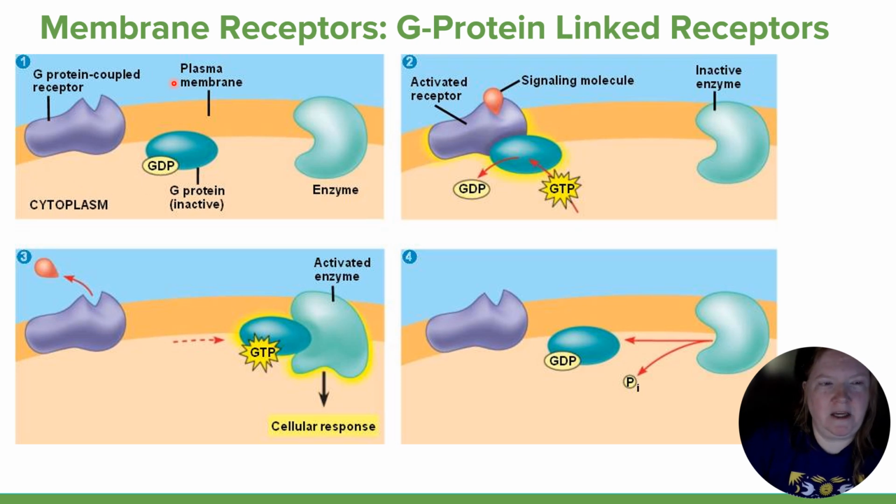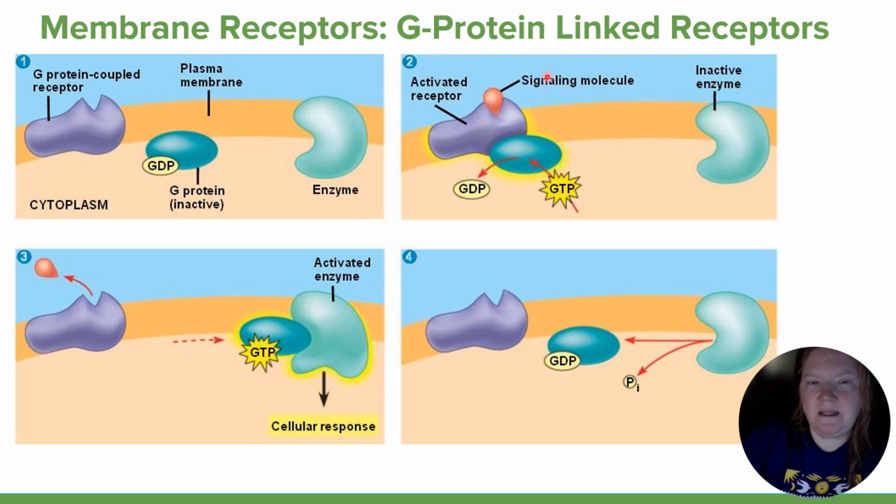So we can look at that here. Here we have that G protein coupled receptor. Here's that receptor. We can see the ligand binding, right? We can see this G protein is inactive, and we can see a different protein. In this case, it's an enzyme.